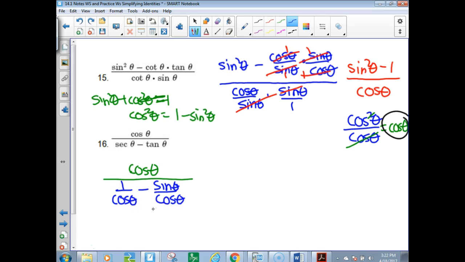What's nice about that is they have the same denominator here. So I can write the numerator over this: 1 minus sine theta over cosine theta. And now I would want to multiply by the reciprocal of this.